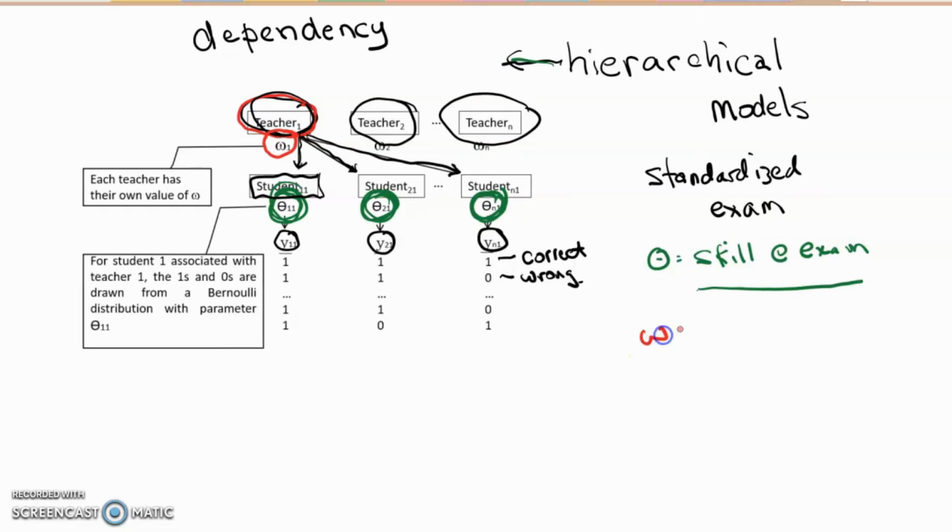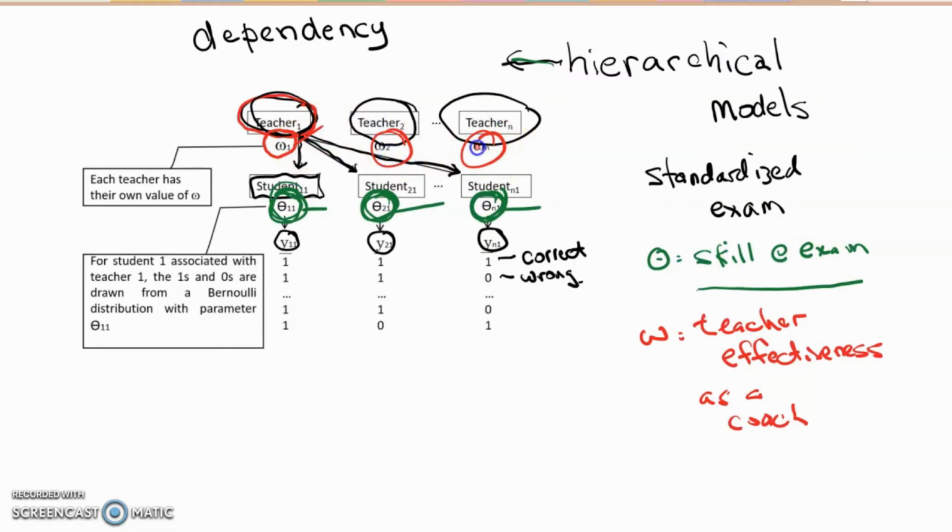So omega is teacher effectiveness as a coach, preparing these folks for their standardized exam. So in addition to wanting to quantify all these thetas, we're also going to want to quantify all these omegas.